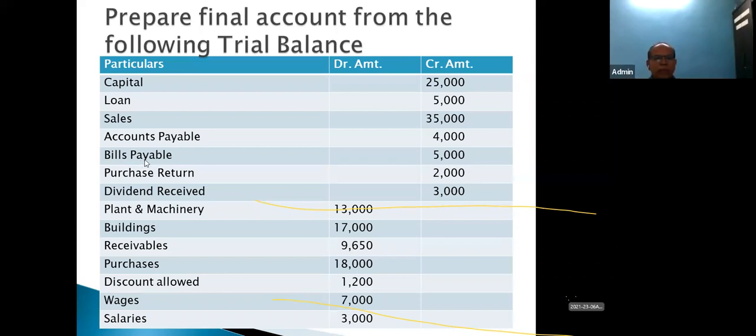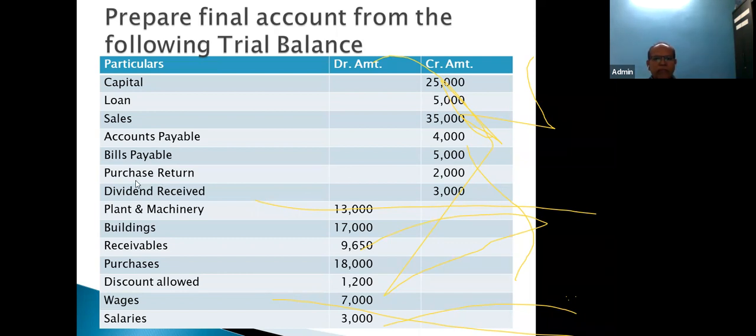So bills payable will be shown on the balance sheet liability side. Accounts payable and bills payable are both liabilities. Only different words have been used, just to confuse students a little. But I am sure that you will not be confused. So let them use different words. Since it is payable, it is a liability. So bills payable will be mentioned on the balance sheet liability side at rupees 5,000.